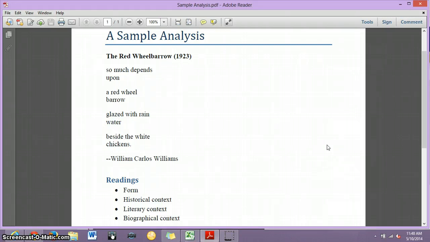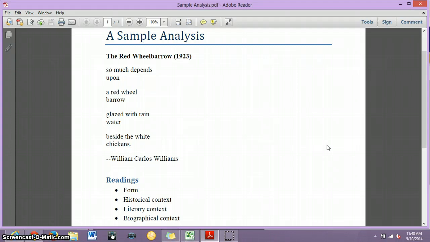You could analyze a commercial on TV. You could analyze a novel. There's so many things you can analyze, everything around you, and you'll start to see how much more meaning opens up and why the creators of those things do what they do.